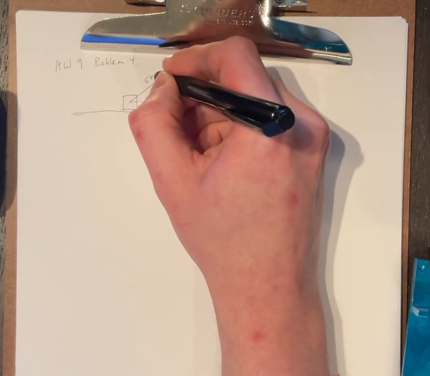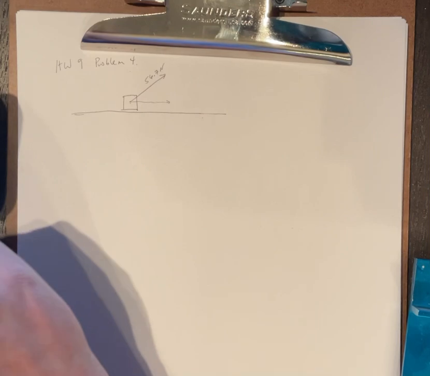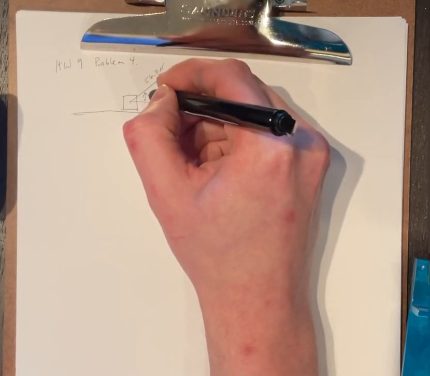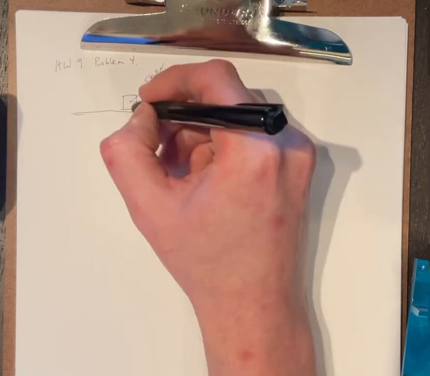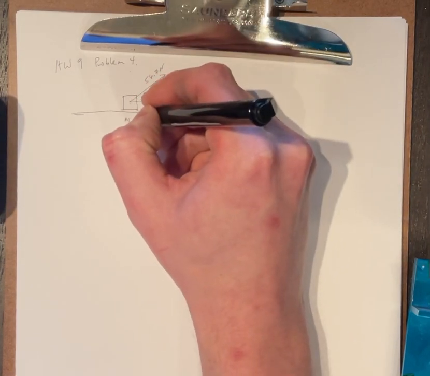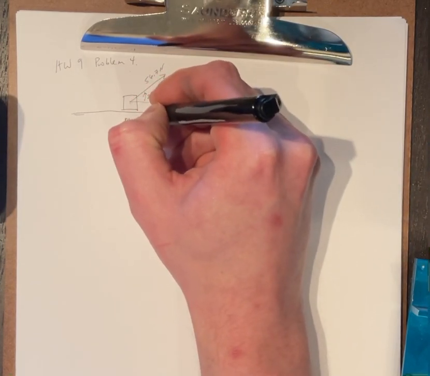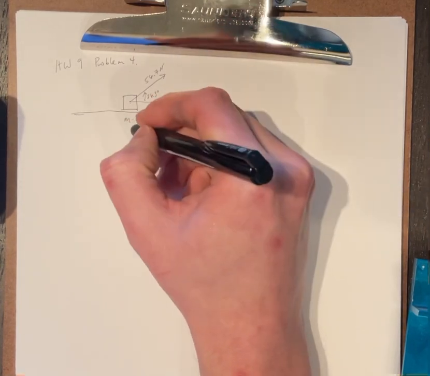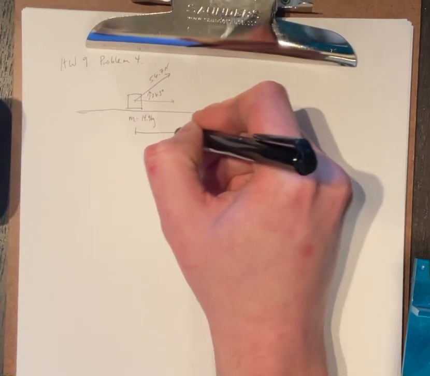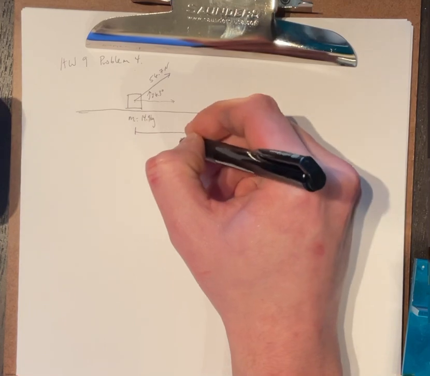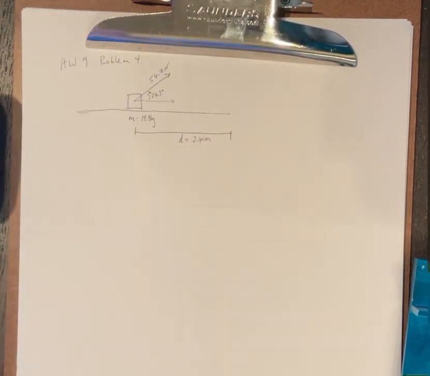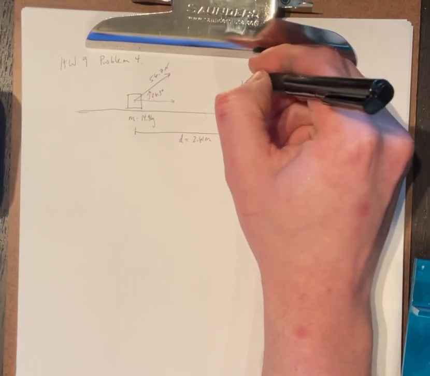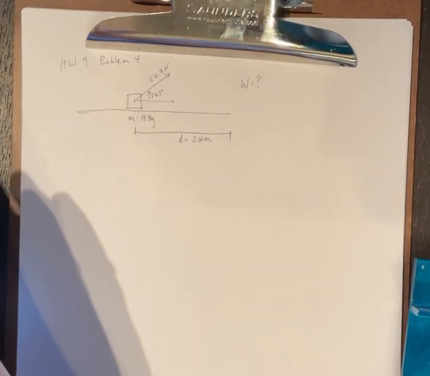This is 56.7 newtons, and that angle is 26.3 degrees. The mass is equal to 14.9 kilograms, and the displacement, D, is 2.61 meters. And then it says, what is the work?